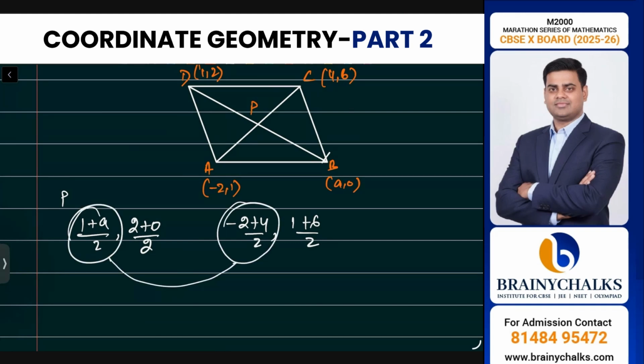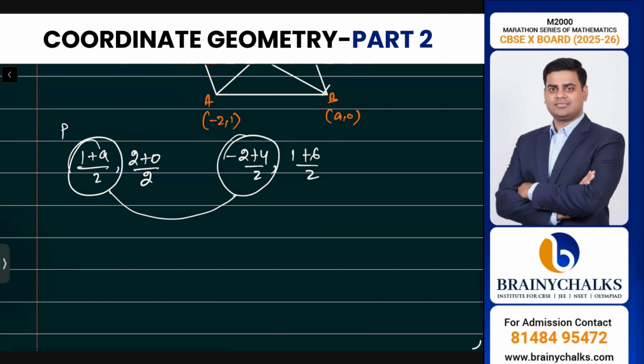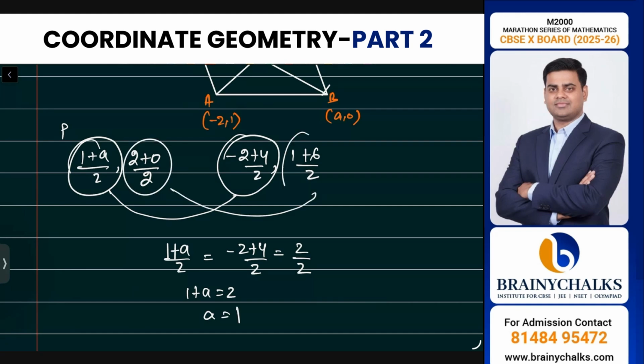Equate these. So what will you get? 1 plus a by 2 equal to minus 2 plus 4 by 2, so that is 2 by 2. So 1 plus a equal to 2, a equal to 1. Similarly, equate the other two. 2 by 2 equal to 1 plus b by 2. So 2 equal to 1 plus b, b equal to 1. So b equal to 1, a equal to 1.